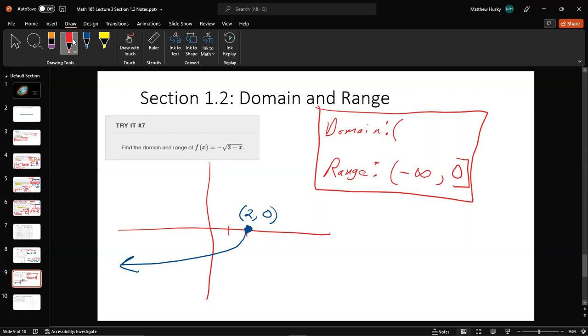So the domain goes from -infinity to 2, going from left to right, and then the range is -infinity to 0. Yes, so it's actually over there at +2. Okay. Let's see. So what else do we have here?